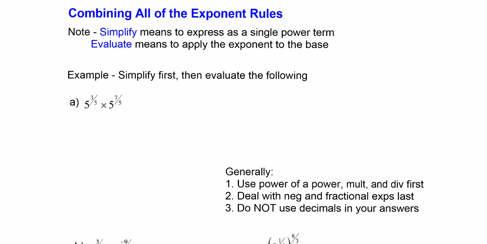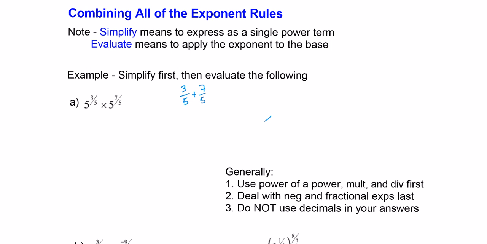If we take a look at this problem here, we have two base powers of 5. We're going to be trying to find a way to add these two fractions. The general rule is we take the two fractions and we just add them.